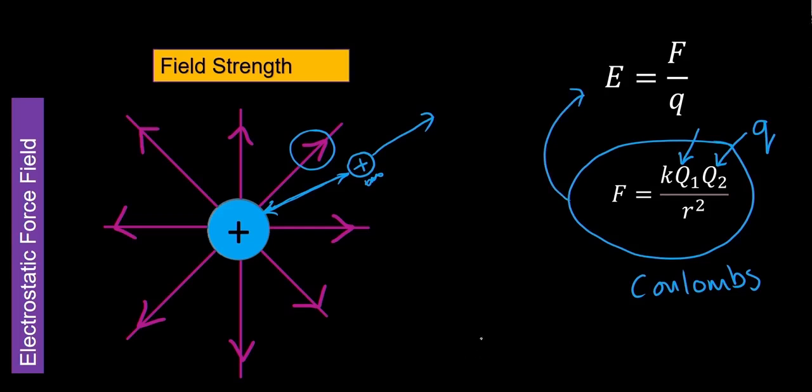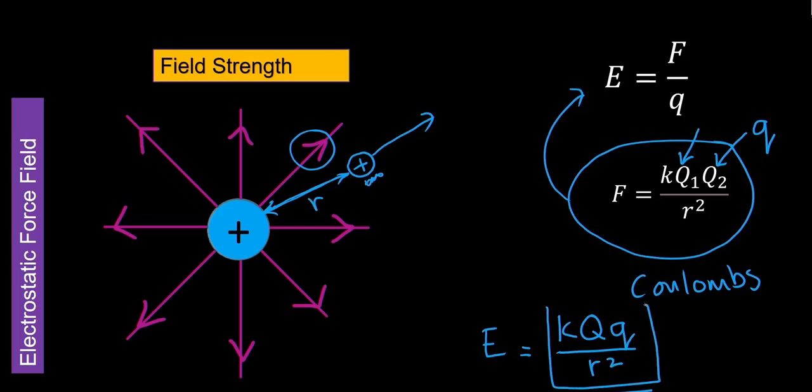We're going to end up with E equals, what is force? Well, force is kQ1Q divided by R squared, the distance between them, there's R, divided by Q. You see that? This part here is Coulomb's law. That's the force. We're trying to find the force.